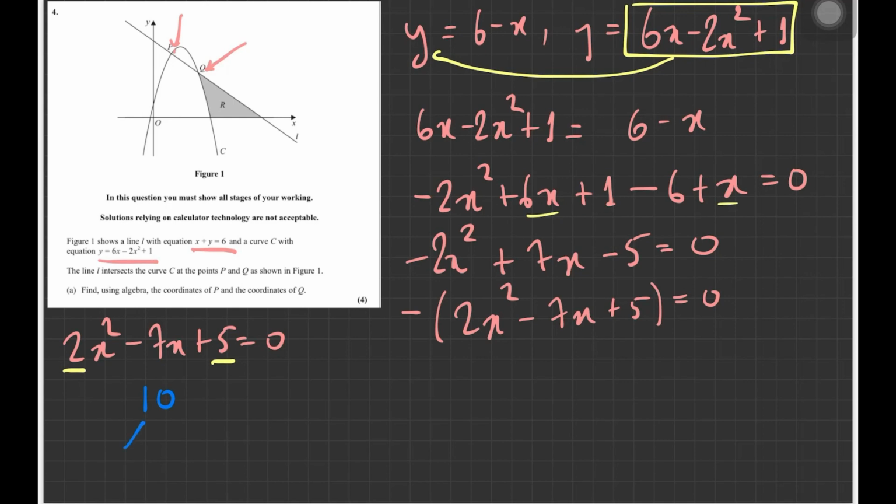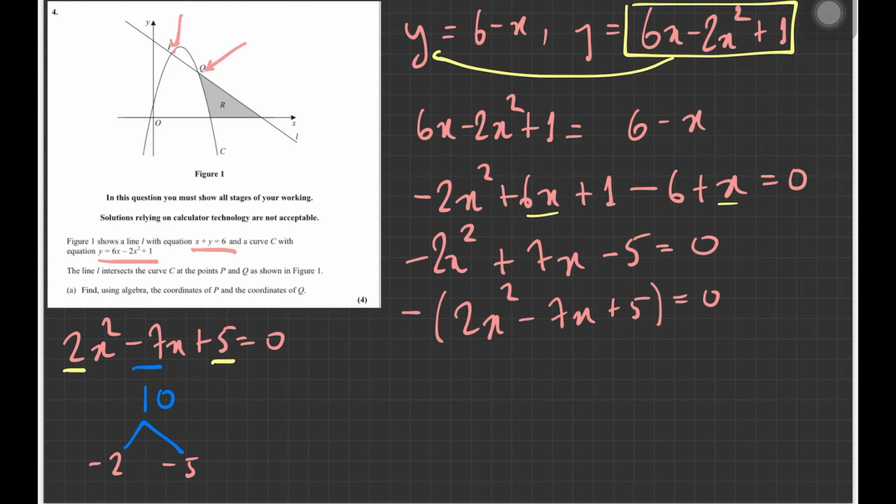And then I need to find two numbers that when I add up, I will get minus 7, but when I multiply, I will get 10, right? So I know that 5 2s are 10. Now I need to get minus 7 as well. So I'm going to use minus 2 and minus 5. So now I'm going to replace minus 7x with minus 2x and minus 5x.